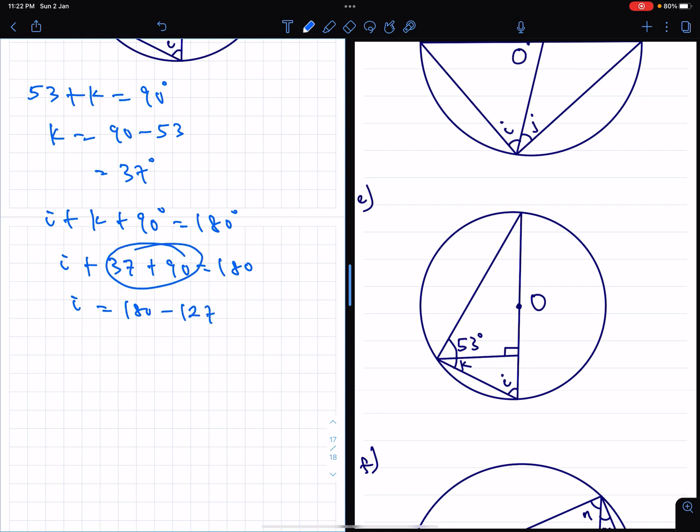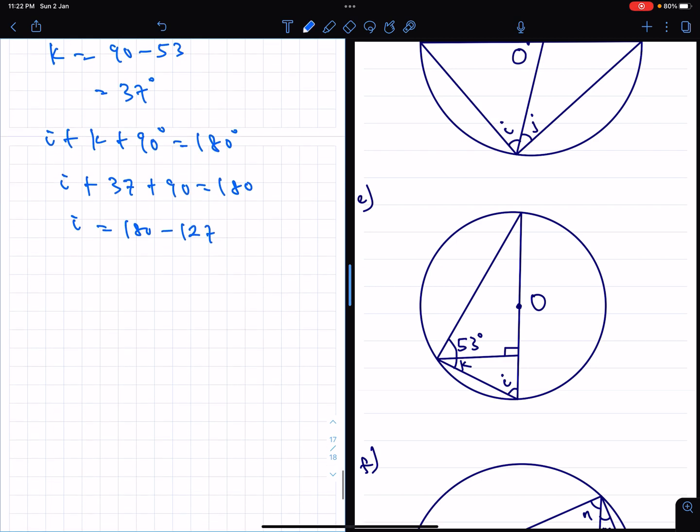Of course, 90 plus 37 is 127. 180 minus 127 is 53 degrees. I is 53 degrees.